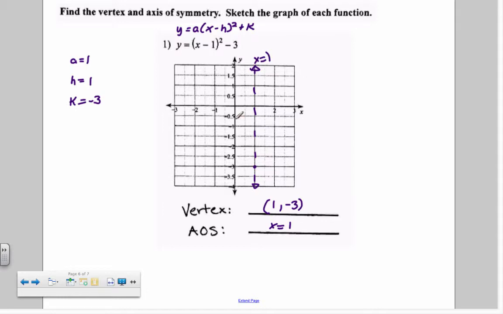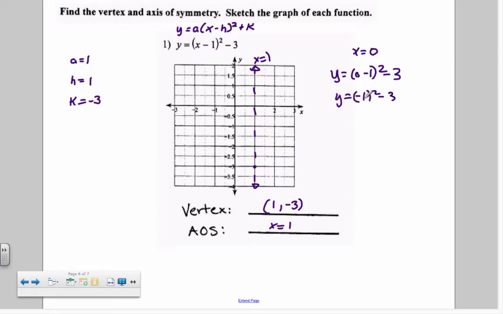So now I need to find some additional points that would help me graph this function. I'm going to start by trying to find my y-intercept because it's a really easy point to find: plug in 0 for x to solve for y. My y-intercept always has x being 0. So I'm going to do 0 minus 1 squared minus 3. 0 minus 1 is negative 1.